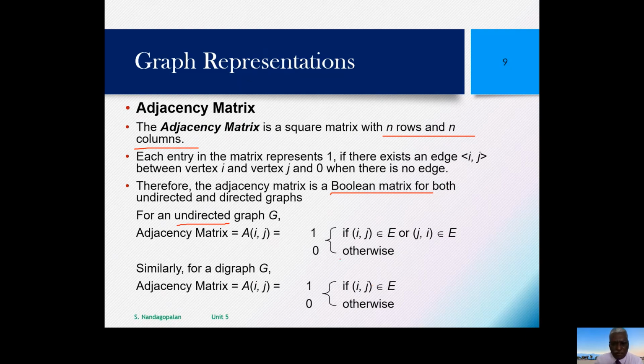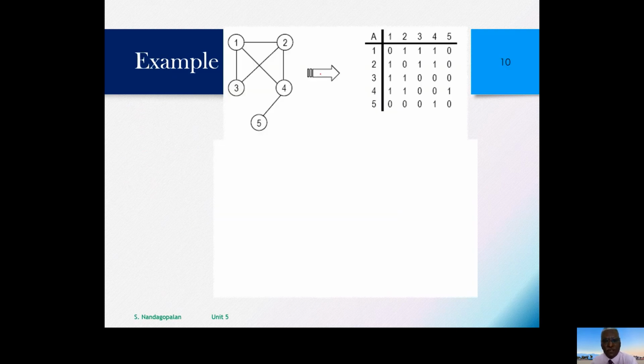So now we'll take an example to see how an adjacency matrix can be written. This is the first example, an undirected graph. I have 5 vertices, so it's a 5 by 5 matrix. You can see the number of columns is 5 and the number of rows is also 5. Let's now examine the first row, that means vertex 1.